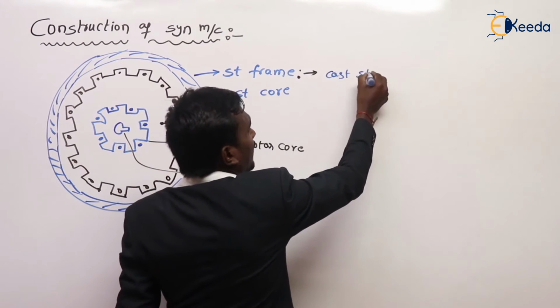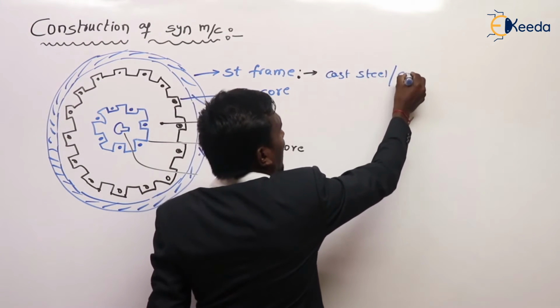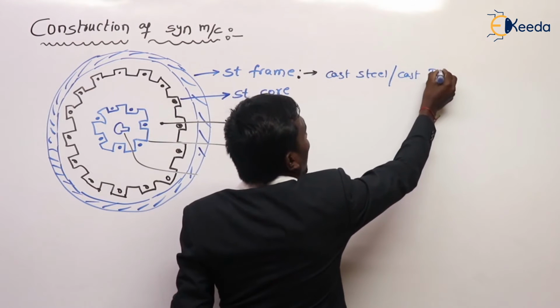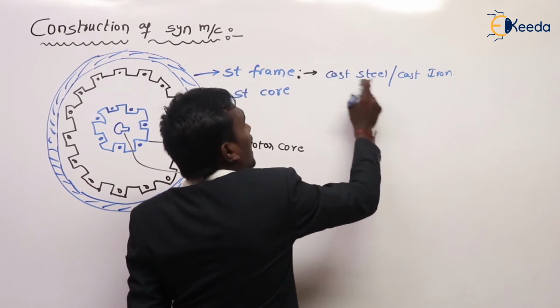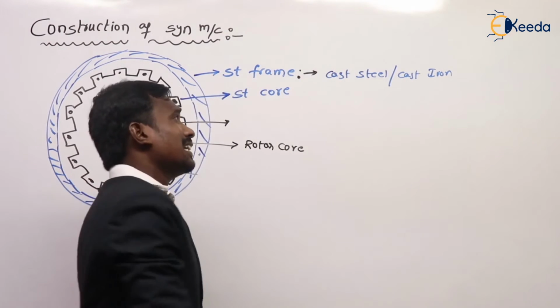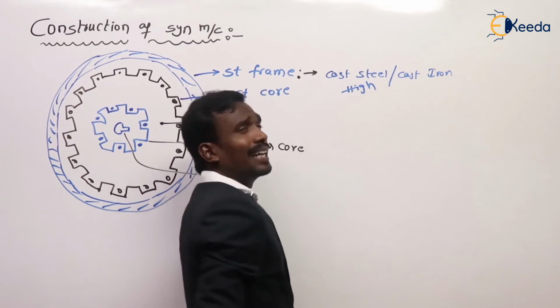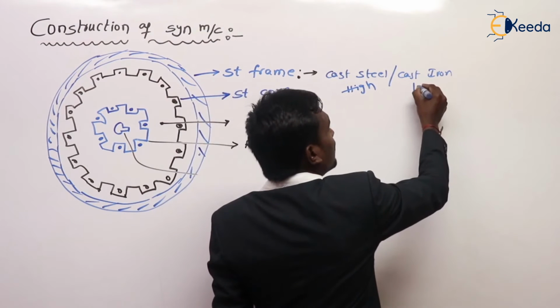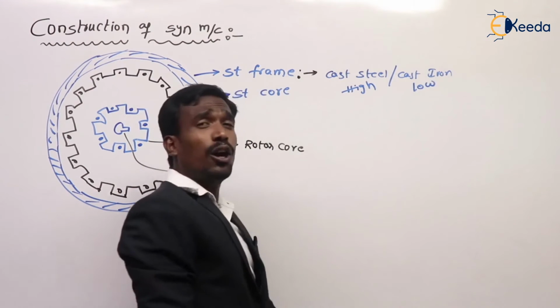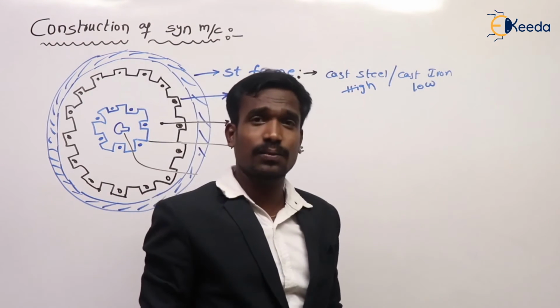The stator frame and the yoke in a DC machine are the same. In general, cast steel is used for high rating applications and cast iron is used for low rating applications.